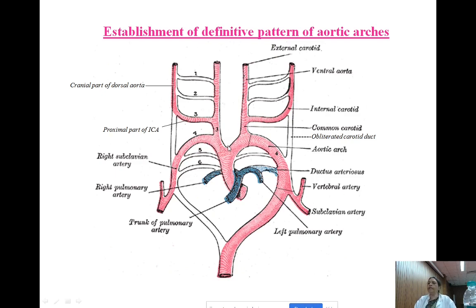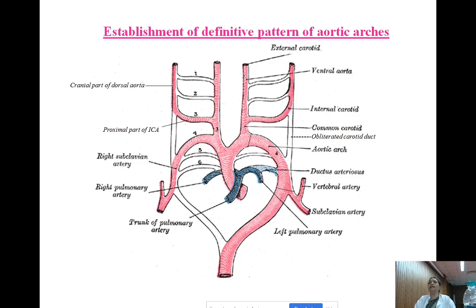So this is the brachiocephalic trunk in the adult, which branches out into the right subclavian artery and the right common carotid artery. The rest of the common carotid artery is formed by the seventh cervical intersegmental artery. The dorsal aorta also gives other segmental arteries above the seventh cervical artery.